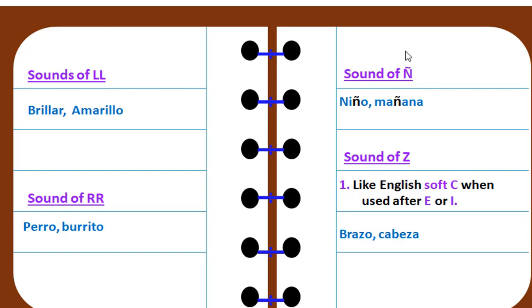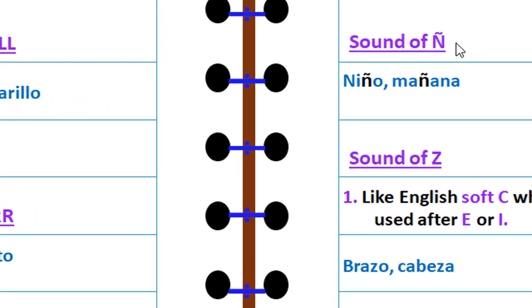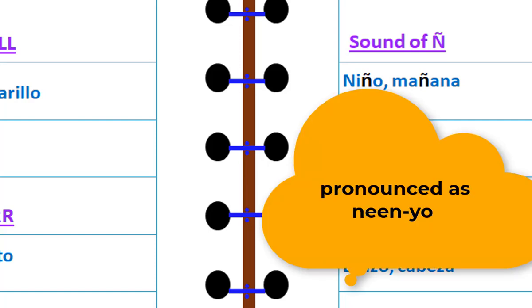Okay, another consonant. This tilt over here on the N is only there for N. You won't find this tilt on any other letter in Spanish. Examples are niño. While pronouncing, you will assume it's like NY whenever this tilt is there.